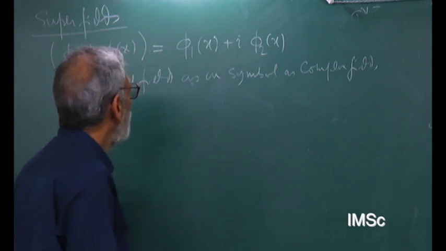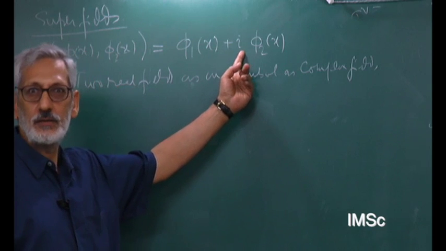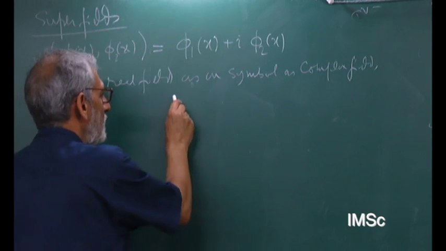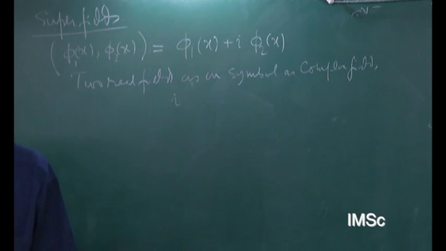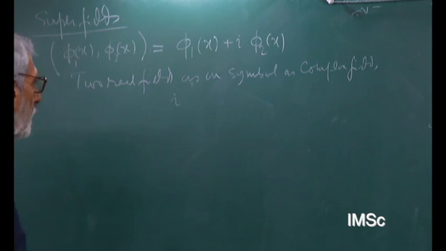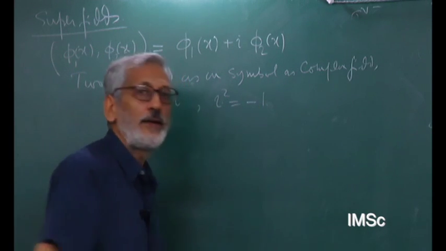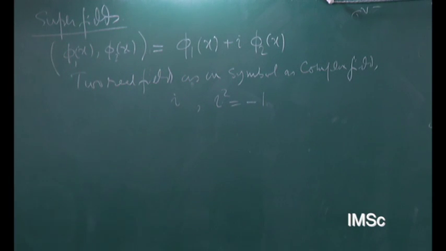In order to do that, we introduce a basis to distinguish the two fields, which is called I. I is not an ordinary number, but the square of I is a negative number, -1. So we have introduced a new concept, I, and we give it a name, pure imaginary number, with the property that its square is -1.